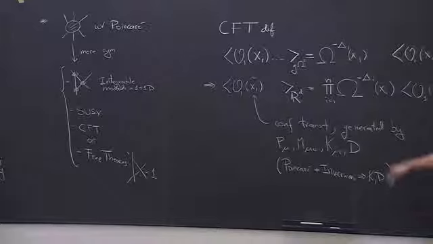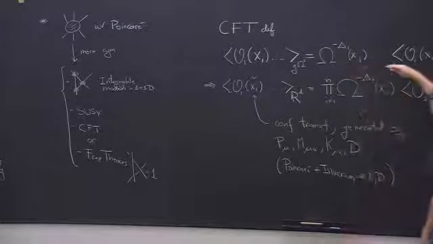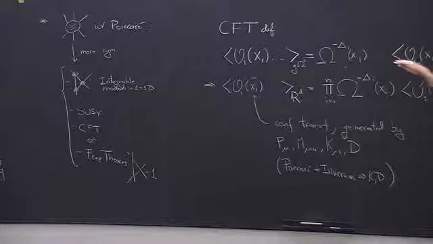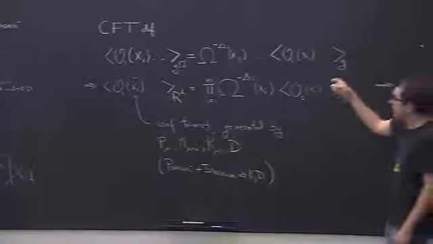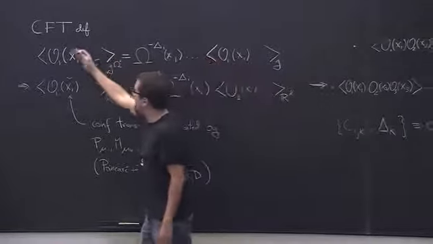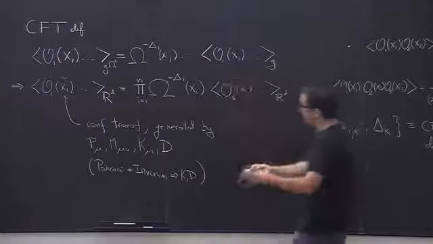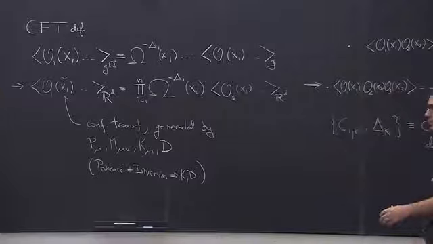So what was a CFT? A CFT was a theory that had local scale invariance, where you could apply a scale transformation at a point in your space-time, and it would tell you how that is related to the correlation functions in the space where you applied this Weyl transformation to the metric.